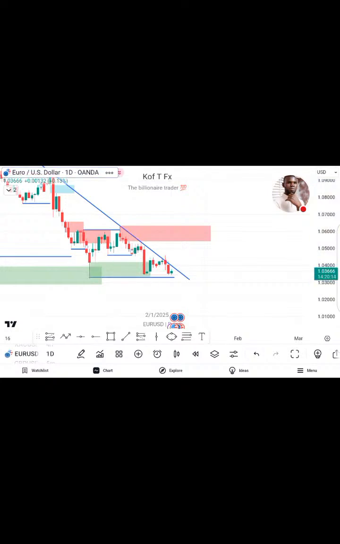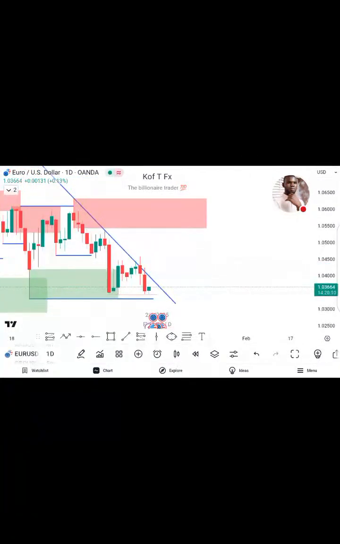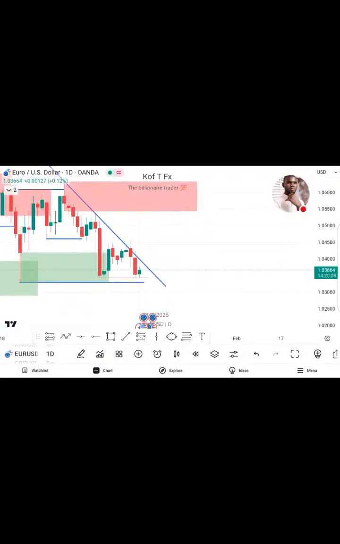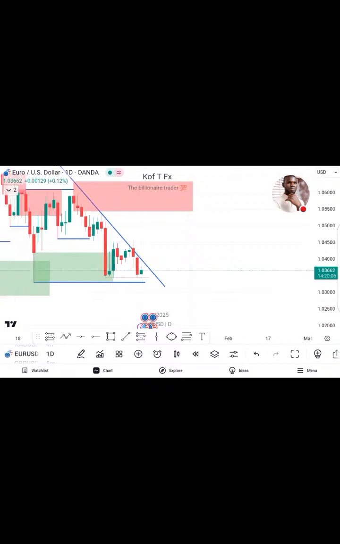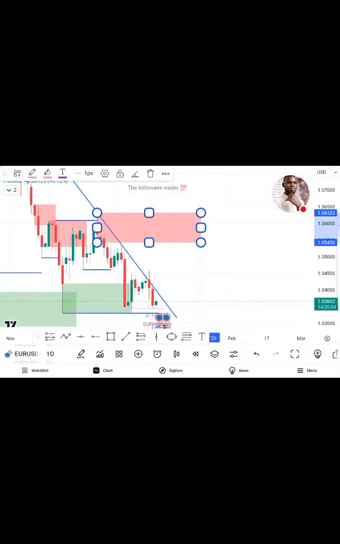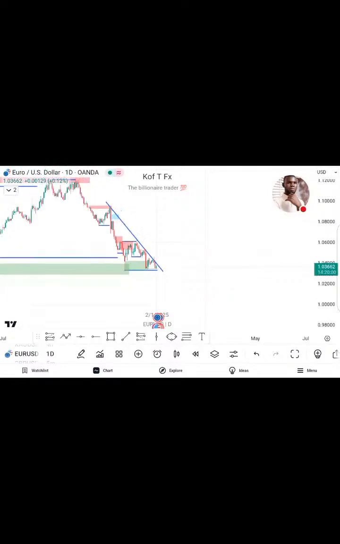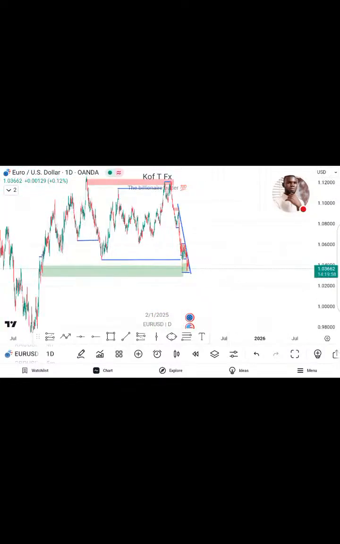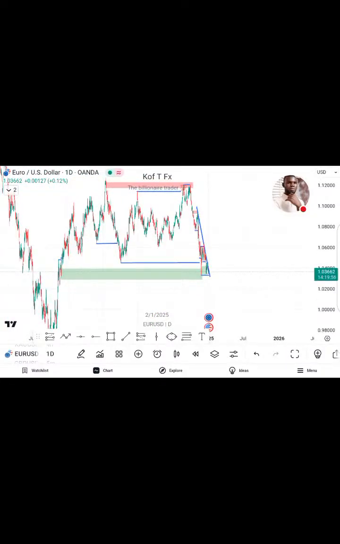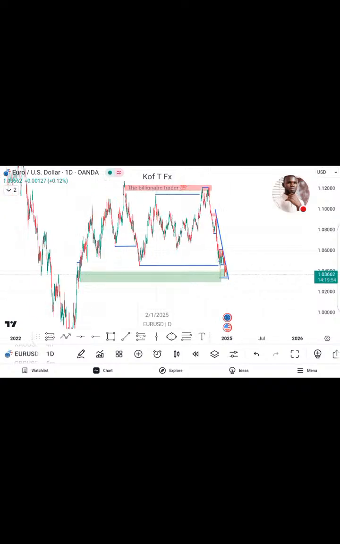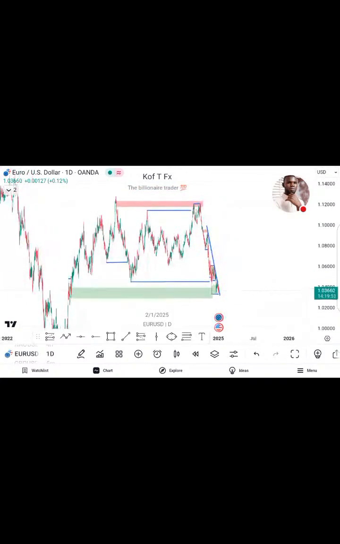So if there should be a break, a closure above this demand zone, let's say on 4 hours time frame, then I'll be looking for opportunity to actually have a long. That is what I'll be looking out for.